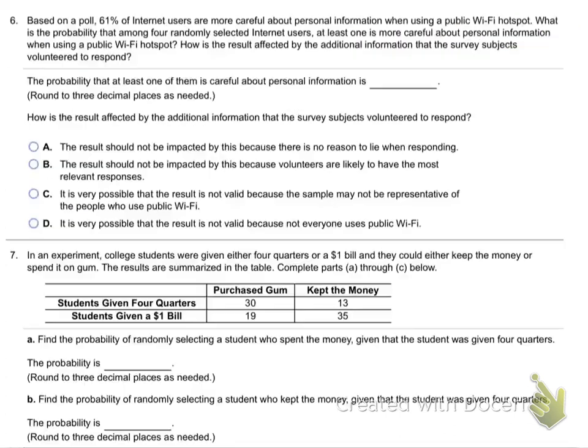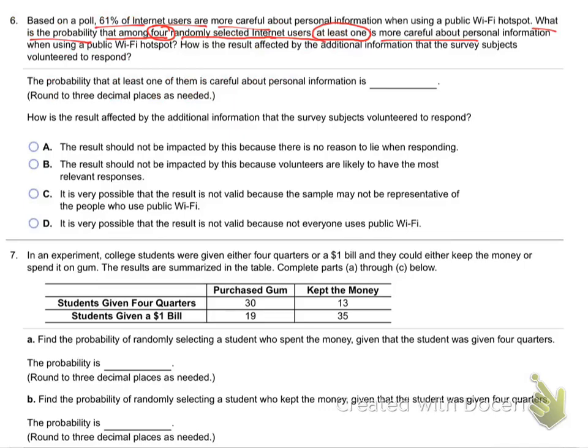Good. So what are they saying? 61% of internet users are more careful. And so on. What is the probability? That's what you really care about. When they bring in that word, what is the probability that among 4 randomly selected internet users, at least one, look familiar, is more careful? So here, let me summarize it. 61% are careful.